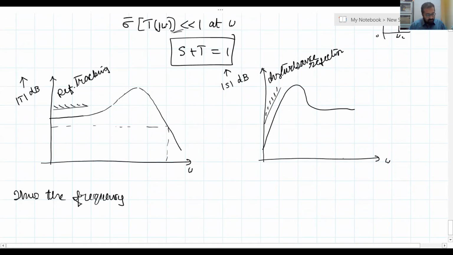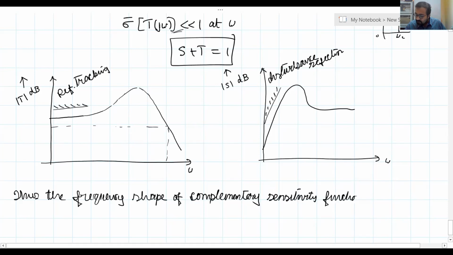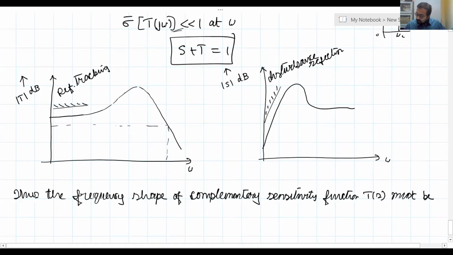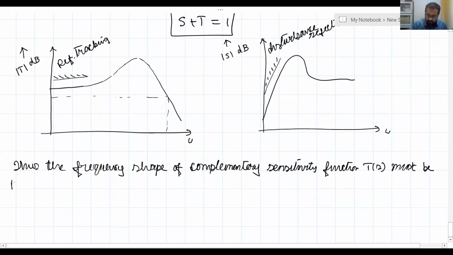Thus the frequency shape of the complementary sensitivity function T of S must be that of a low pass filter.